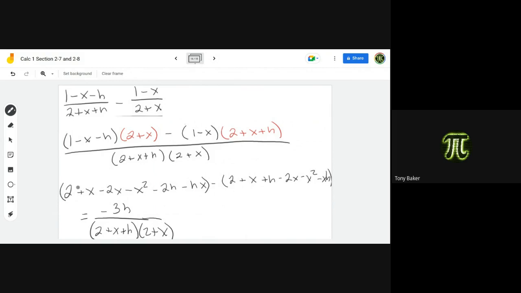And then the 2's cancel out, the x's cancel out, the negative 2x cancel out, the negative x squared cancels out, the negative hx cancels out. The only thing that's left is negative 2x h. So the only two things that do not cancel out is that and that, which gives you that.